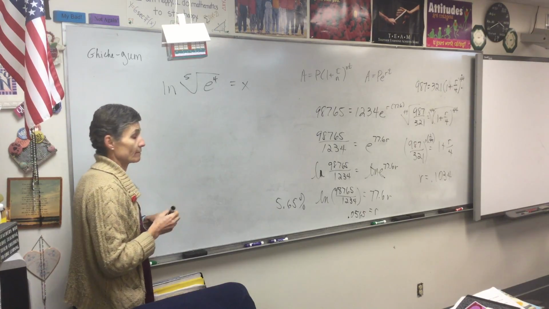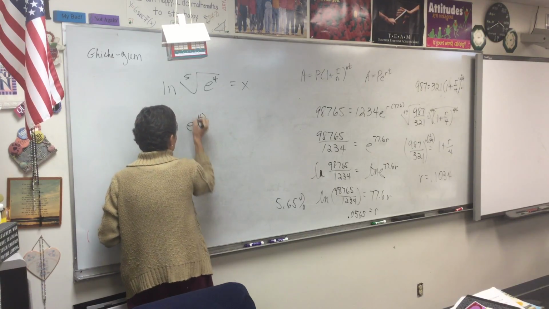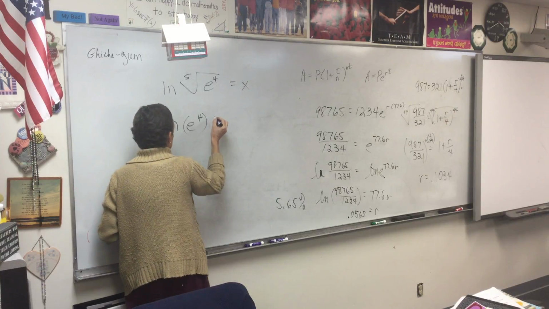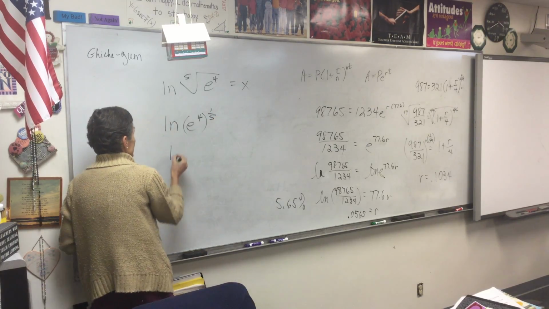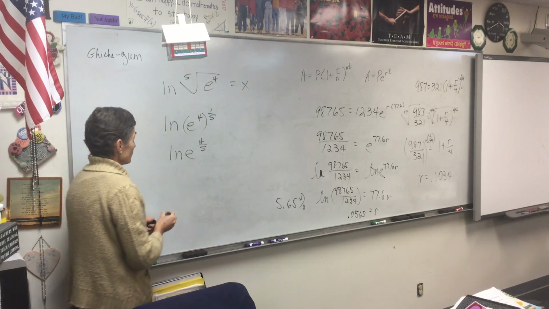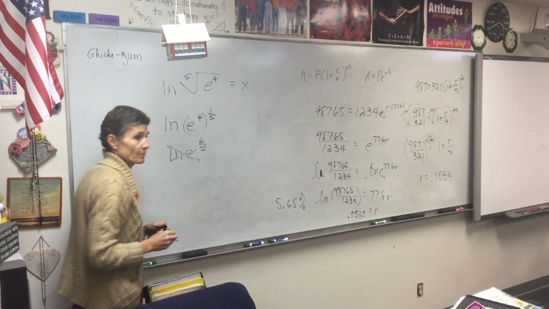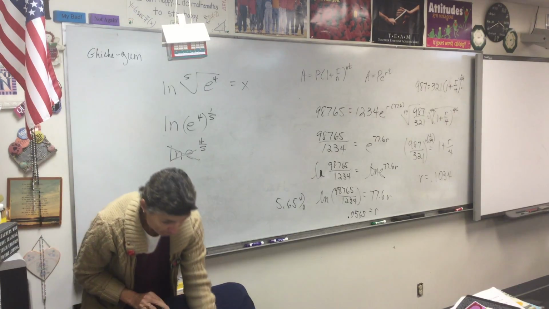What are we going to do at that fifth root? It's e to the fourth to the 1/5, right? Which is ln e to the 4/5, which is just 4/5. The answer is 4/5. Easy.